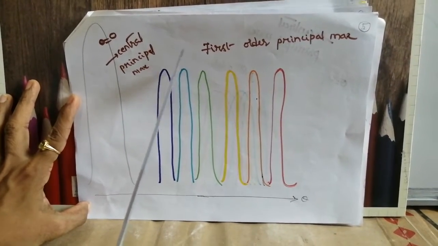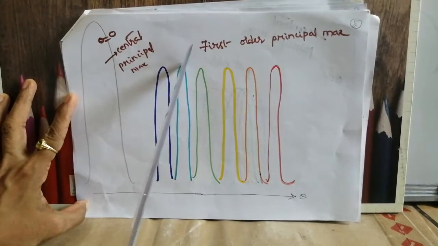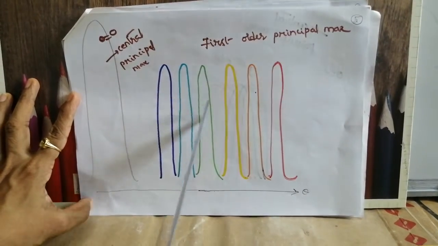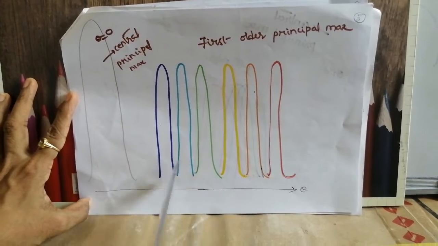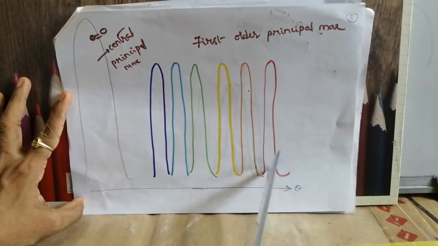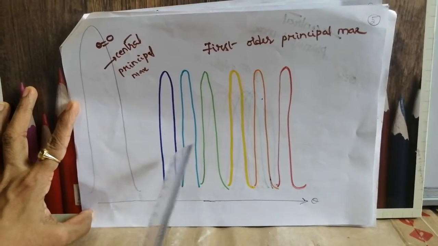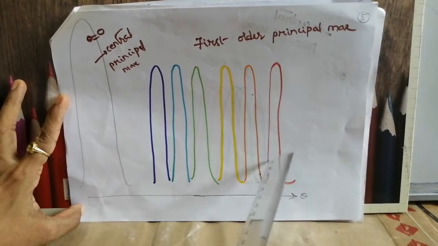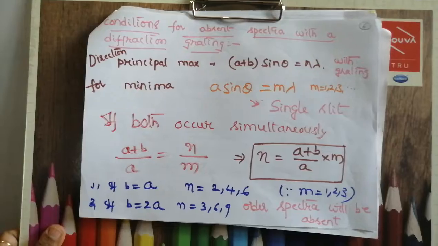Next, blue, indigo I am not showing here. For blue, theta will be more. Green, again it increases on the right side. Then yellow, orange, red. So we will get the first order principal maxima for all these colors like this.